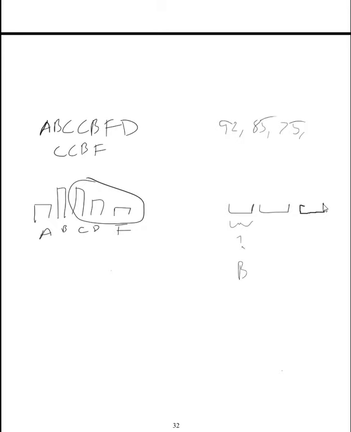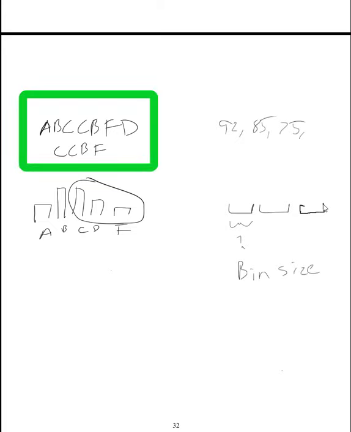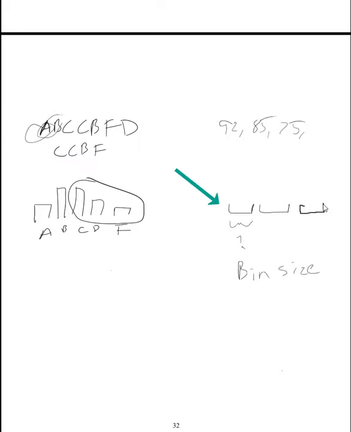So that we call the bin size. So here we don't need to worry about the bin size, because anything that's an A we just put into the A's. Anything that's a B we put into the B's. But here, what constitutes this bin size? Does this represent maybe the lower quantities, the higher quantities, and how low? Is this from 50 to 60, 50 to 52, and so on?